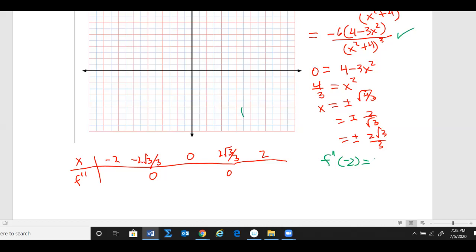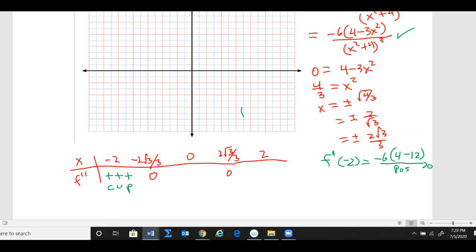So I see I have a negative 6 with a 4 minus 12 over something positive. The denominator is positive. I don't even know what it is, but it's positive. Numerator is positive. So we have positive here. So that means it's concave up. Okay, we'll just say C up.